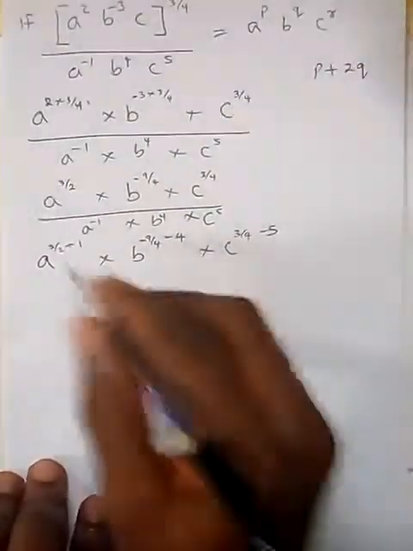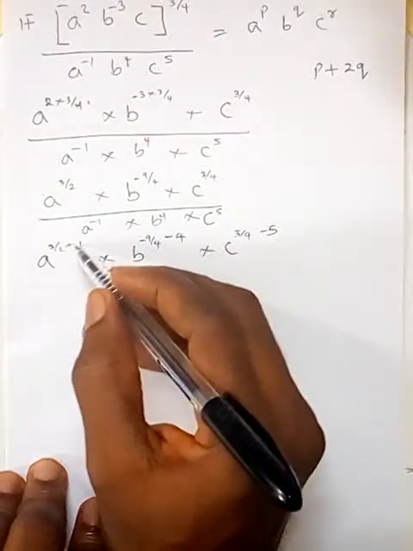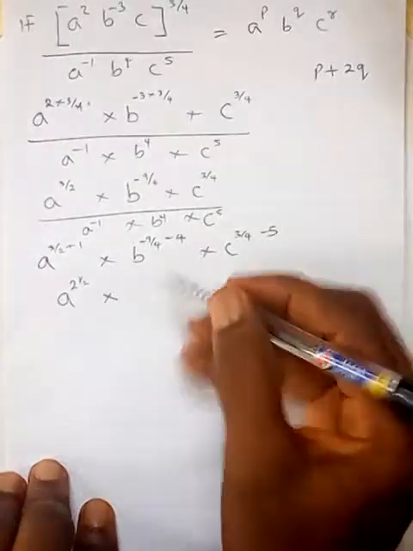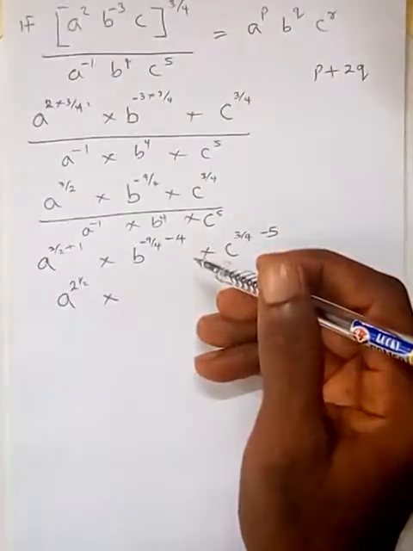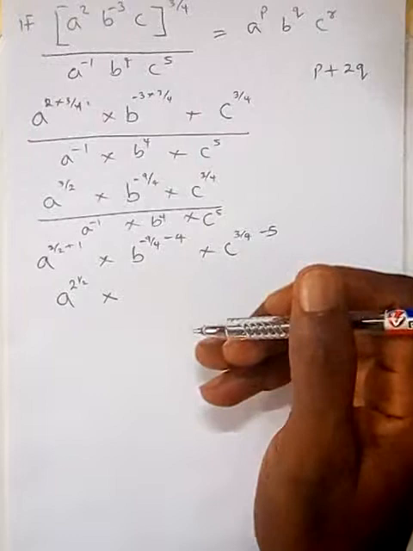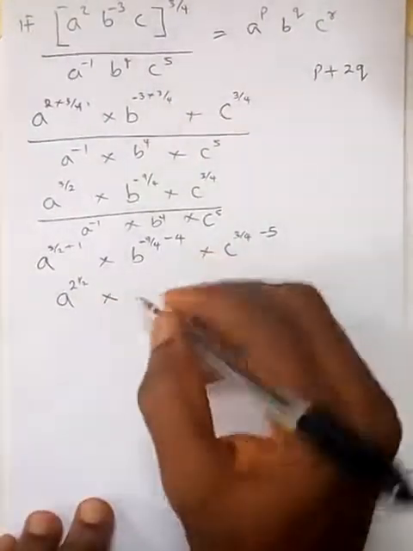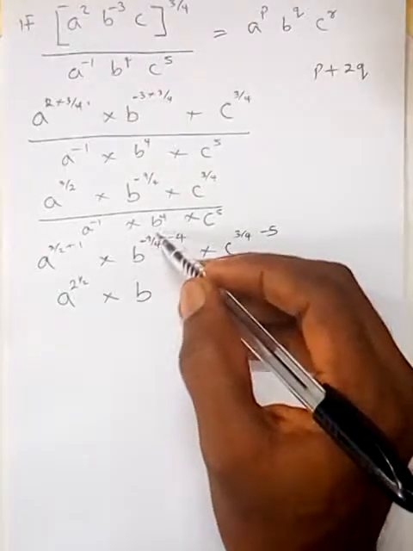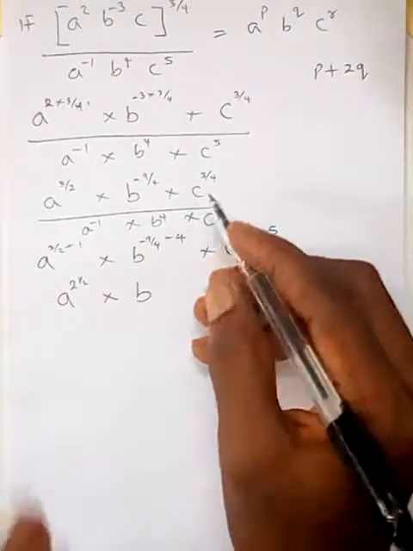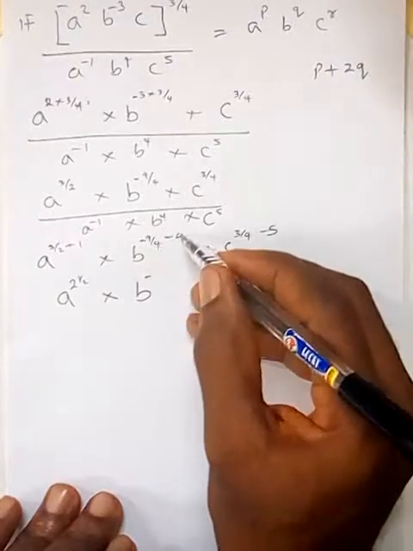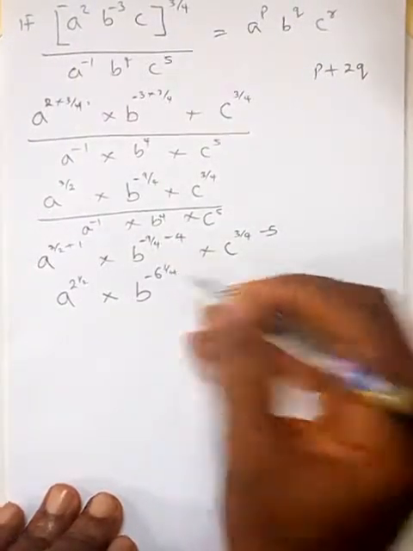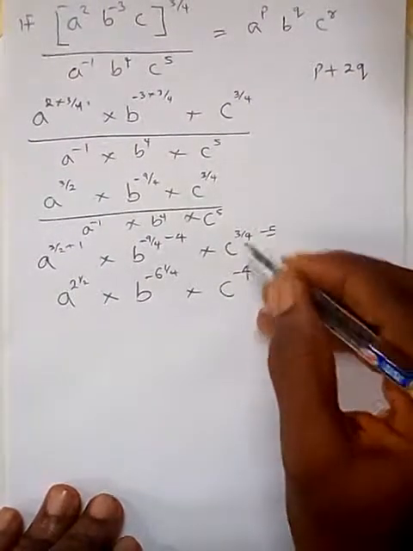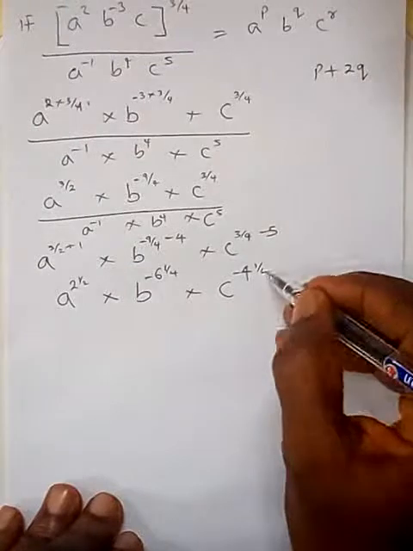Okay, so this is 1 over 2, 1.5 plus that will give you a 2.5 raised to power 2.5 times minus is going to give us minus, so b raised to power, this is 2 whole number 1 over 4, so that is minus 2 minus 6 whole number 1 over 4 times c, this is minus 4 whole number 1 over 4.